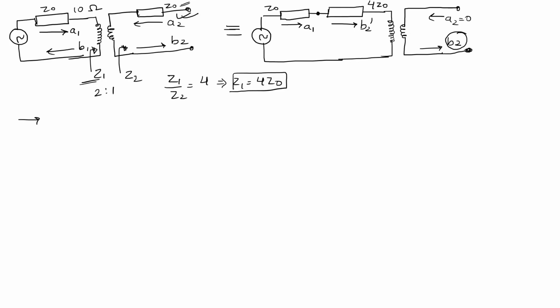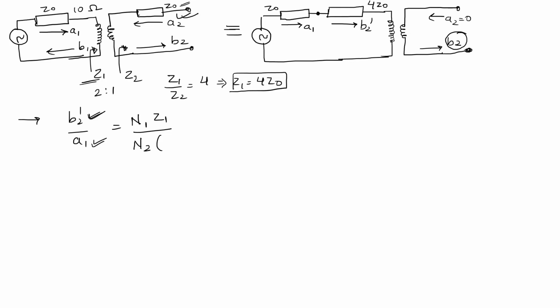We have B2 dash upon A1, that is the ratio of the transmitted voltage upon the incident voltage, which is equal to N1 into Z1 upon N2 into, for A1, the incident voltage, the total impedance that it realizes would be Z1 plus Z2, because it is going to realize both these impedances.